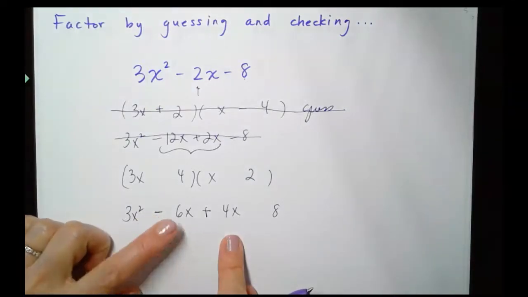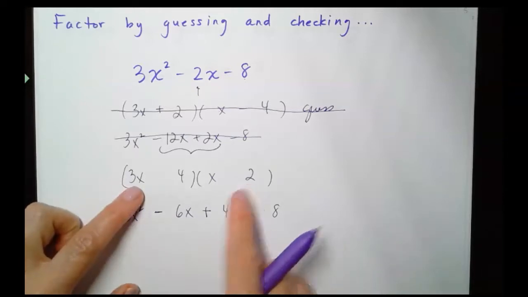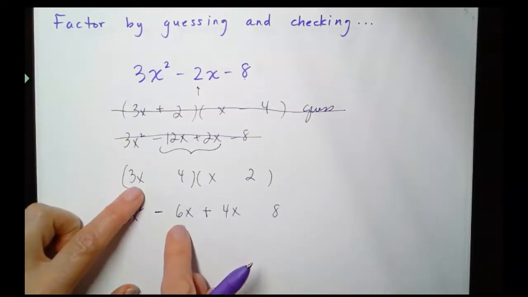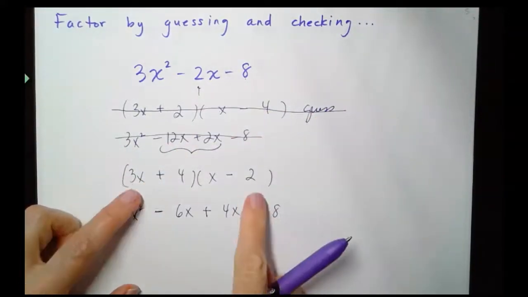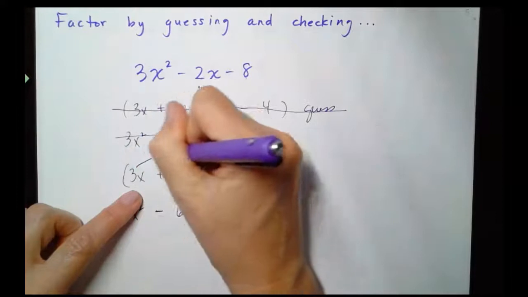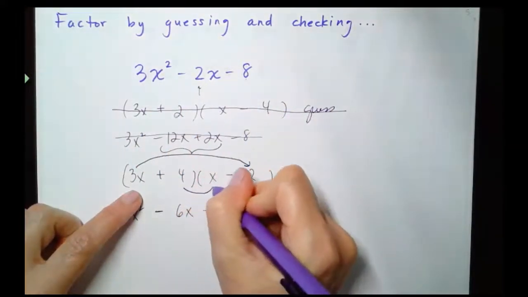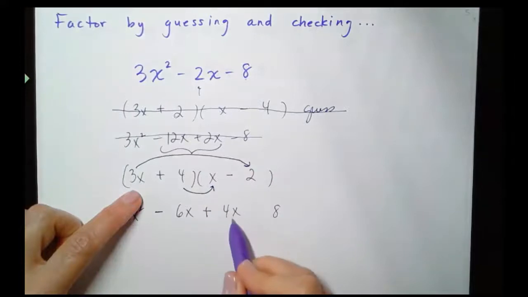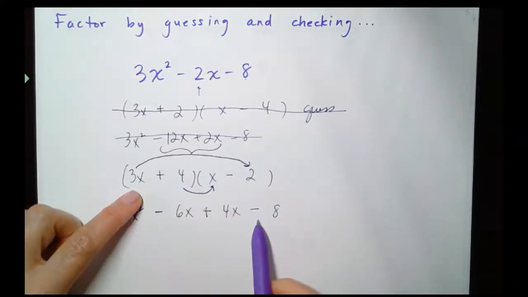So if we need our 6 to be negative, and 3x times 2 is what's giving us our 6x, we need a negative here and a positive there. The outers are giving us negative 6, and the insides are giving us the positive 4. And positive 4 times negative 2 is negative 8.